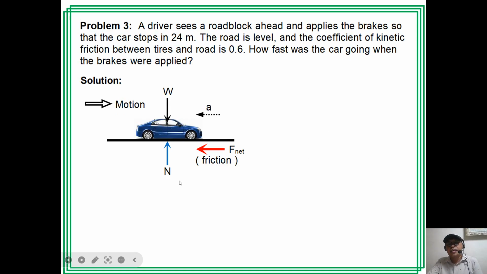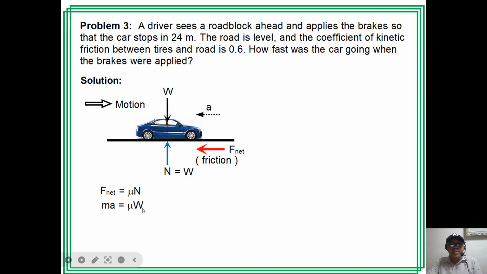Okay? So our net force is equal to the mass times acceleration. There is no other force acting, no? Only the friction when the brakes are applied. So F net equal to mass times acceleration, and that is equal to mu times N. So mass times acceleration equal to the friction coefficient times the normal.